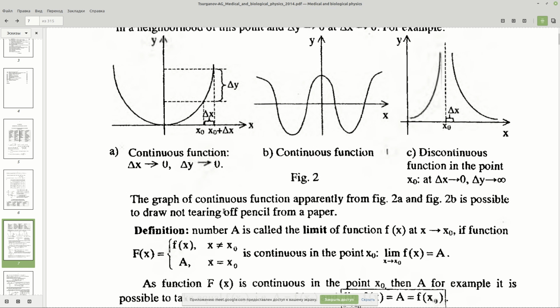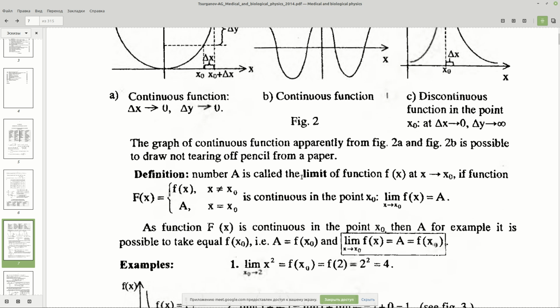as x goes to x0 if the function f of x, when x is not equal to x0, is exactly a. When x equals x0, it is continuous at the point x0 when we have the limit of x going to x0 very fast, and f of x will be equal to a.